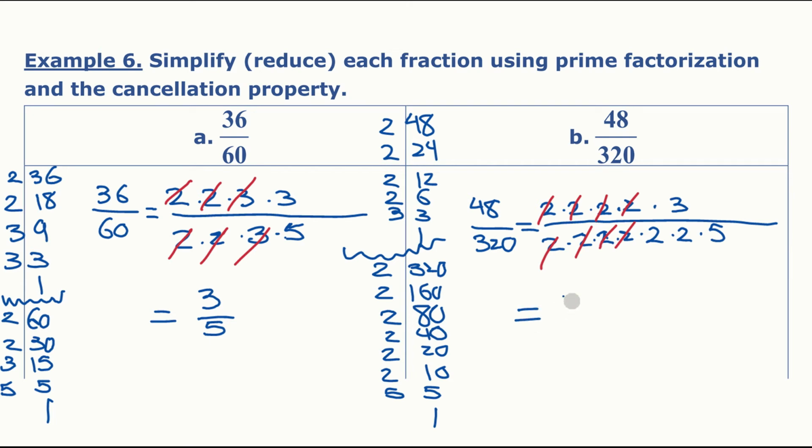So we get 3 over 4 times 5, which is 20. And that's it. Okay, so a very, very nice application of both prime factorization and the cancellation property.